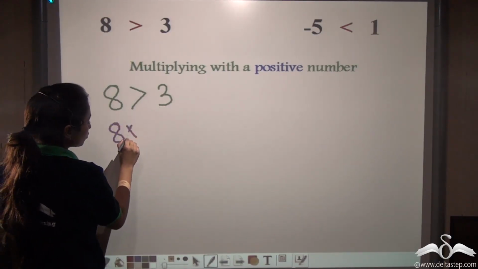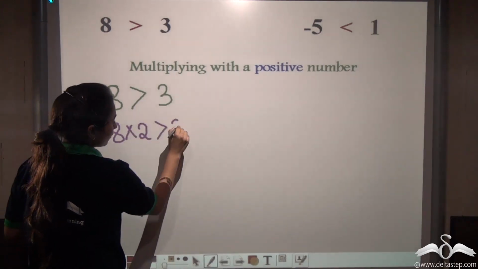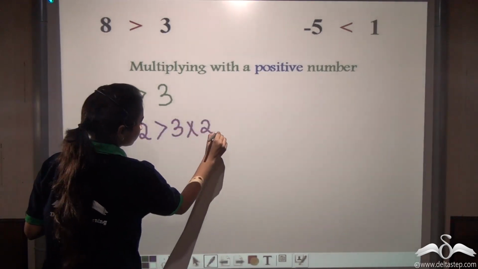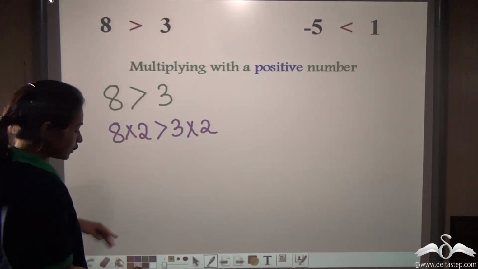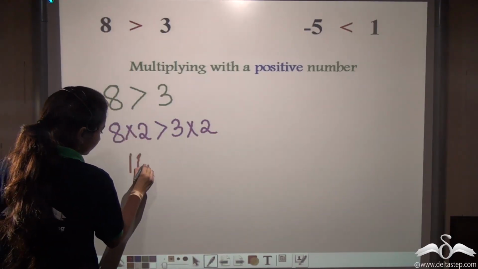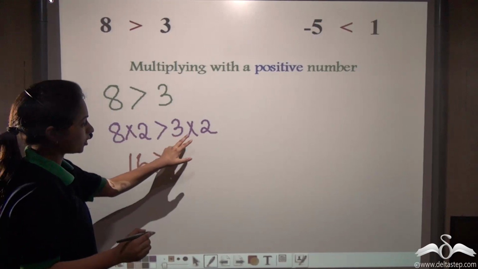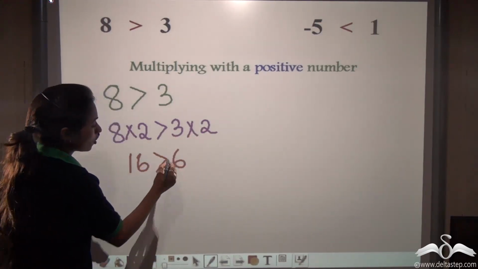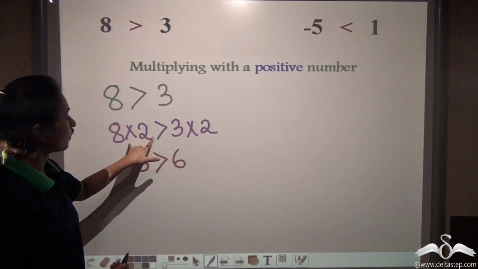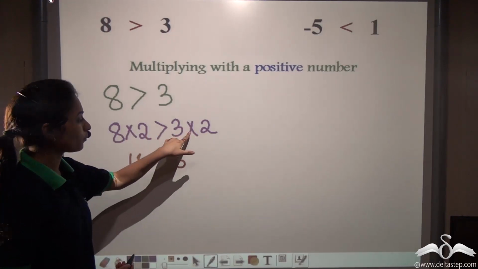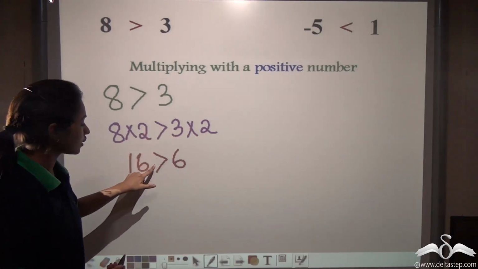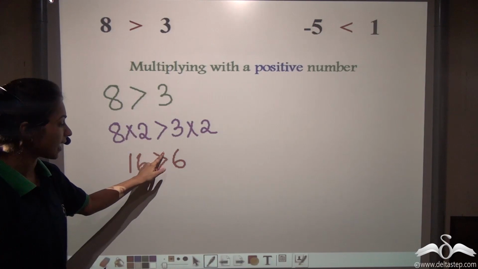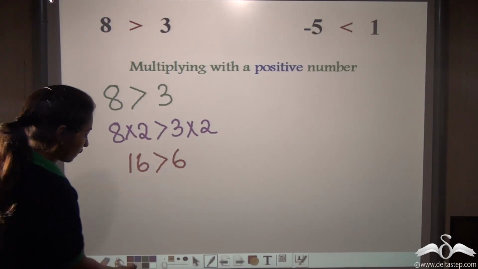So 8 into 2 should be greater than 3 into 2. So 8 into 2 gives us 16. Should be greater than 3 into 2, that is 6. So again you can see that even after multiplying with a positive number on both sides of an inequation does not change the inequation. The sign remains the same.